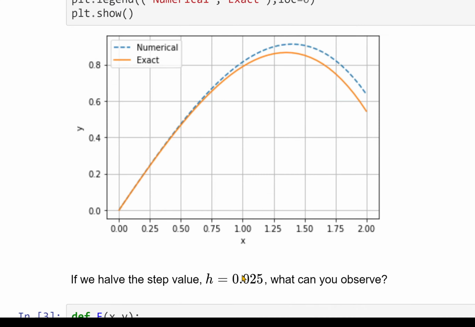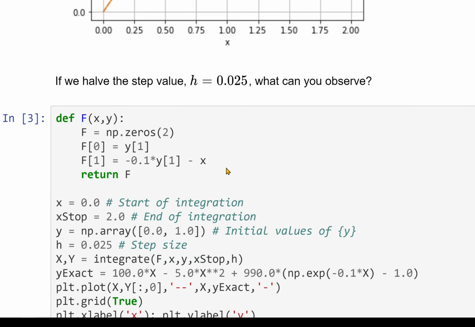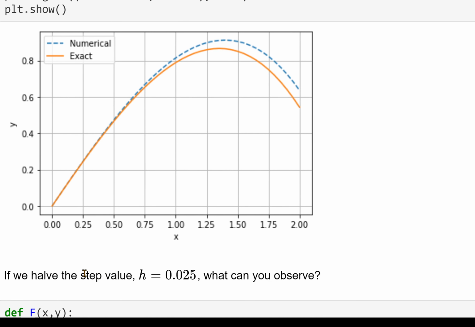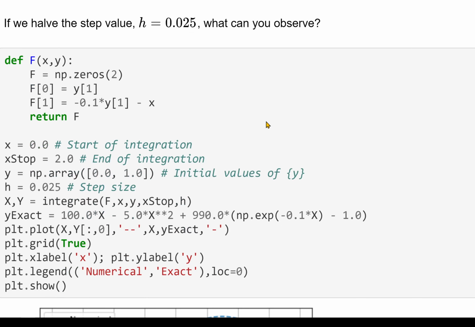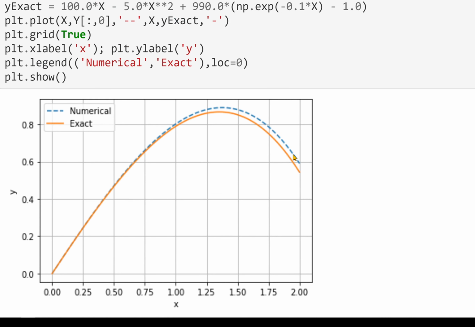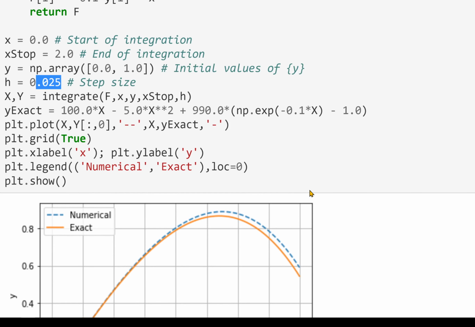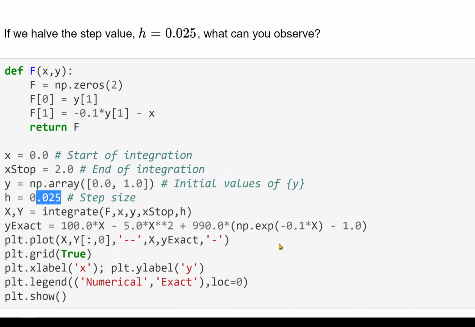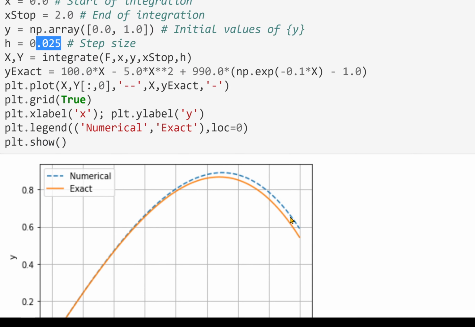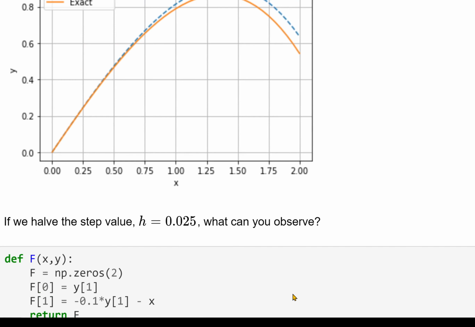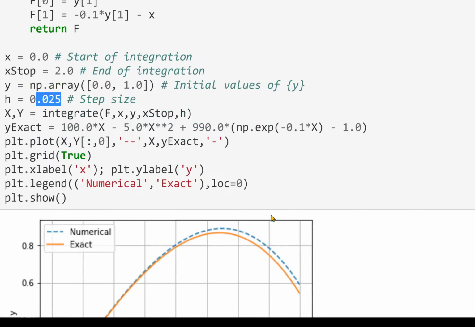Therefore, if we have the step value of 0.025, with the same code here, just changing this step size, you will see that the numerical method and the exact solution are getting closer. Or you can say that the truncation error is also halved. Mathematically it's actually half.